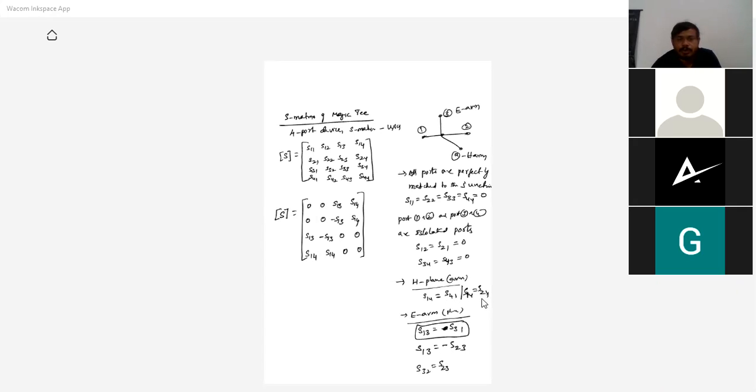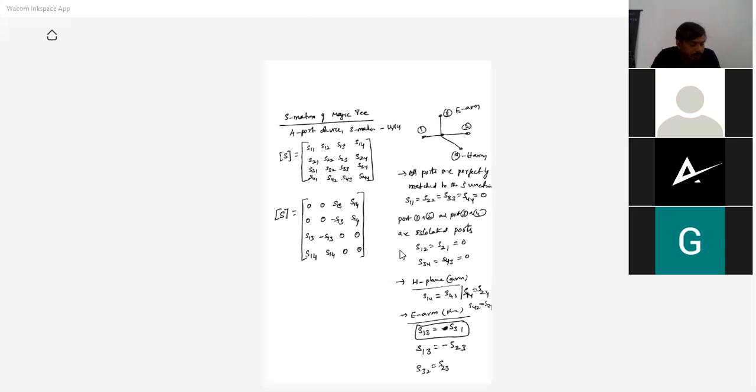S42 is S24, and S24 is S14. Then 0, 0. So now this is our S parameters.